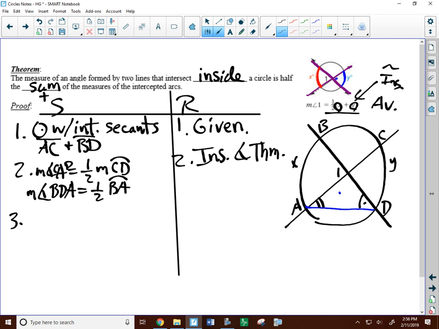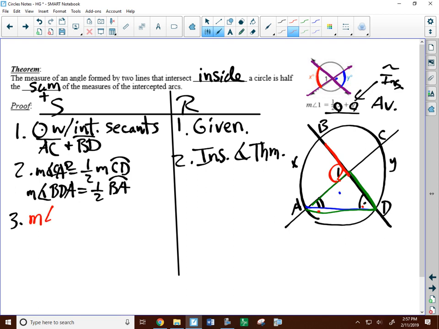Okay, and now I need to get angle 1 involved. And there's something we know from back in Unit 3 with triangles. Here's a triangle, and this is an exterior angle. There was a theorem that said that an exterior angle is equal to the sum of the two remote interior angles.